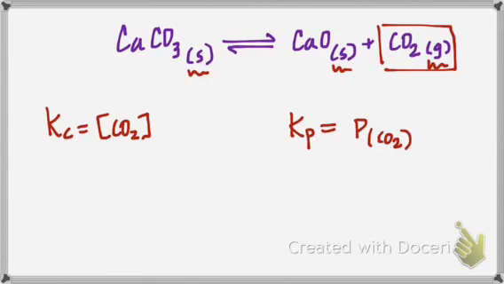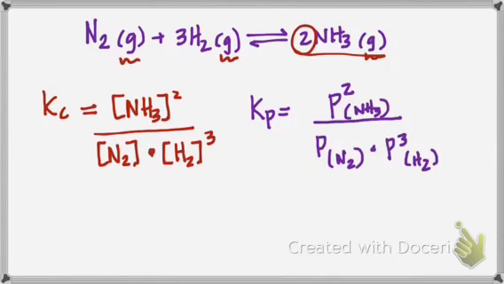In this case, it would definitely be homogeneous because it's just got the gas. And then over here, with your N2 plus 3H2 yields 2NH3, the production of ammonia, that is going to be homogeneous as well. So, that's how you write the general equilibrium expressions for concentration and for pressure.